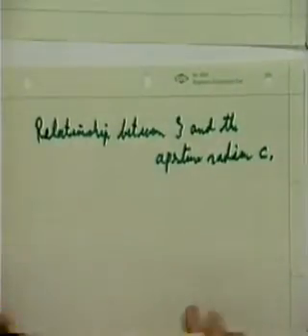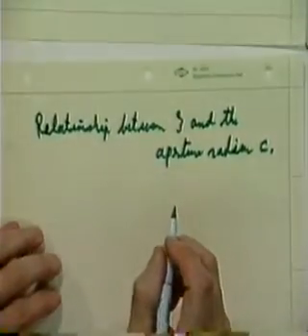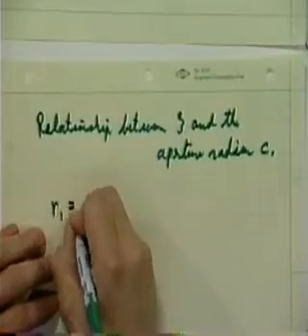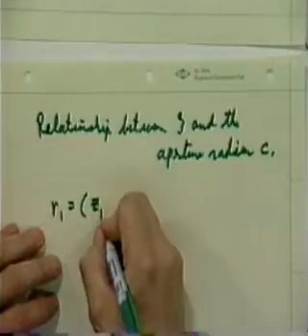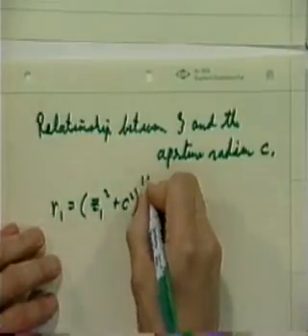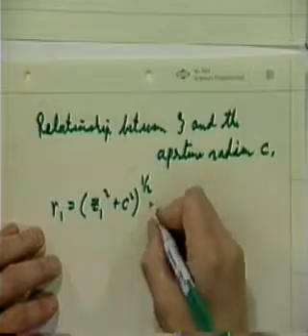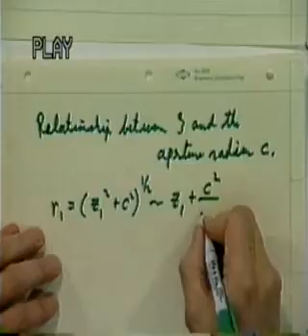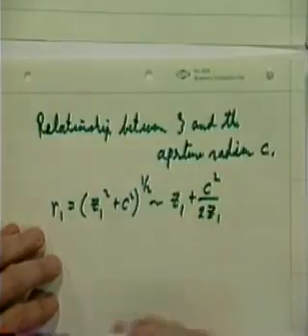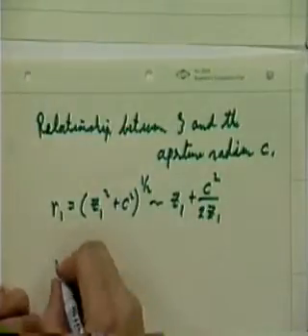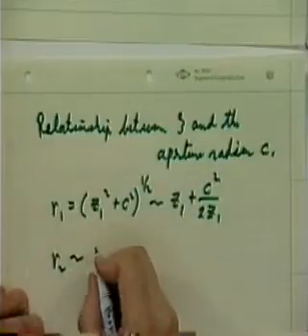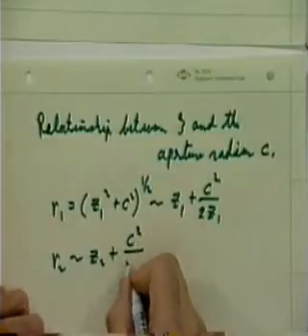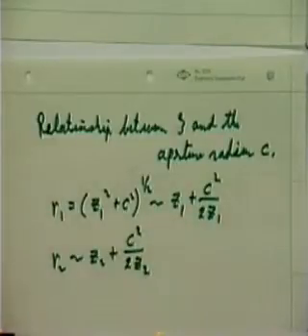Okay, so now what we can say, we had before that R1 was equal to the square root of Z1 squared plus C squared. And we said that was about Z1 plus C squared over 2Z1. And we also had that R2 was about Z2 plus C squared over 2Z2. Okay?